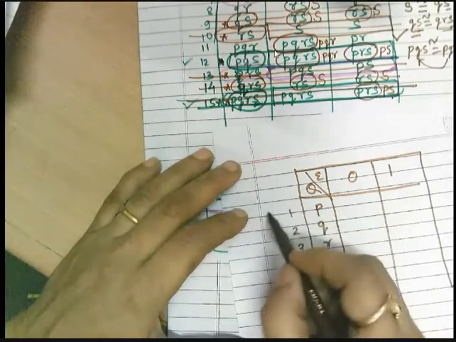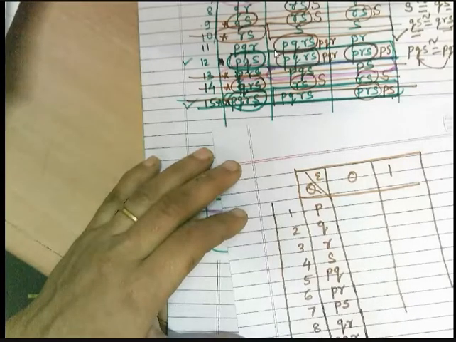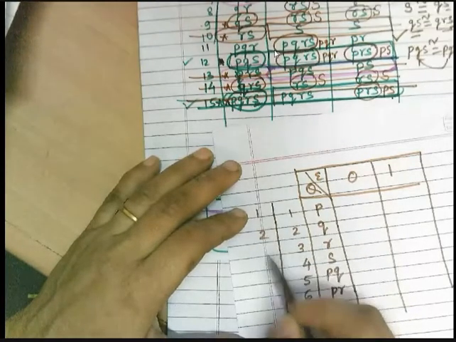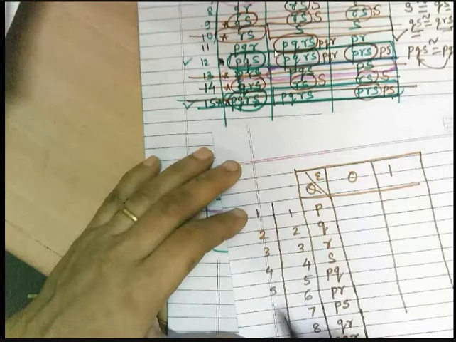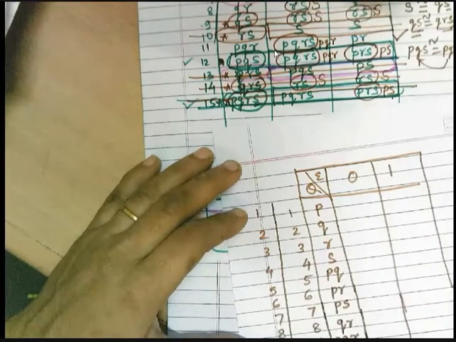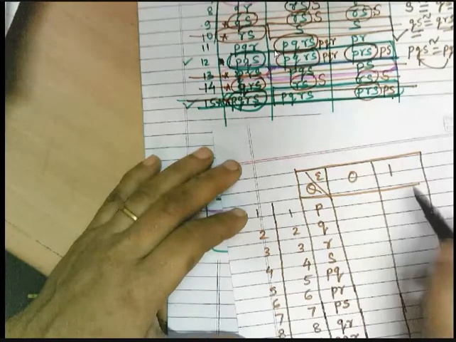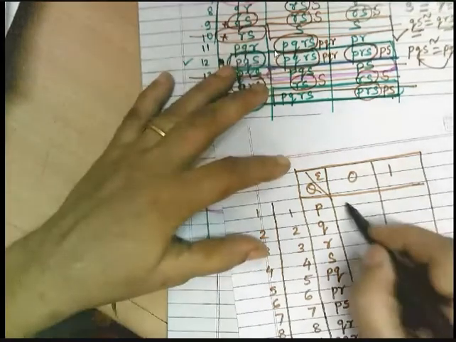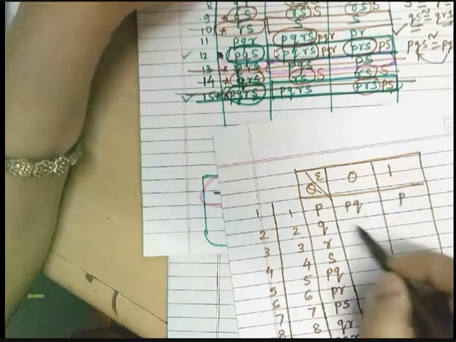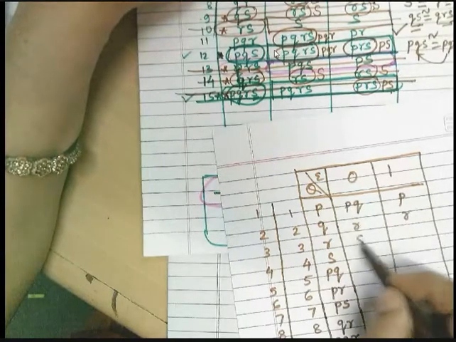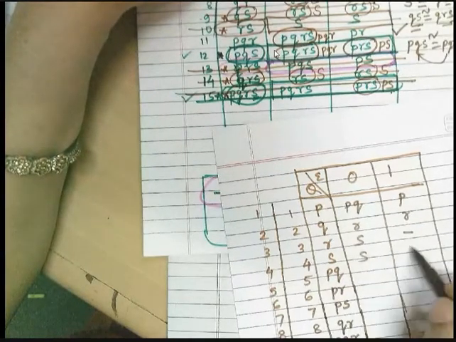And in total, how many states are there? There are 1, 2, 3, 4, 5, 6, 7, 8, and 9 states, right? And now I'll just make all the entries as it is: PQ, P, R, R, S, and S.